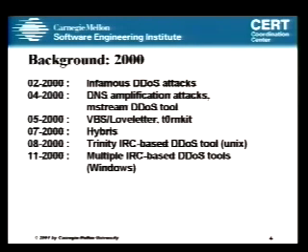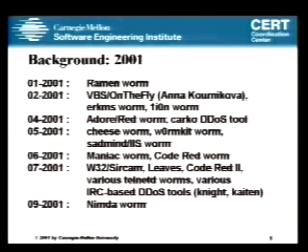In late 2000, we saw IRC becoming the handler for DDoS networks, and we'll talk some more about that. We also saw DDoS tools migrate into the Windows environment versus the traditional Unix environment. 2001 has pretty much been the year of the worm. The automation has progressed from not only scanning, exploitation, and deployment, but also repeat.